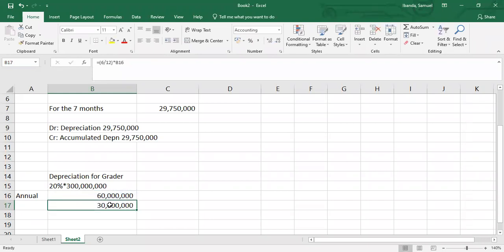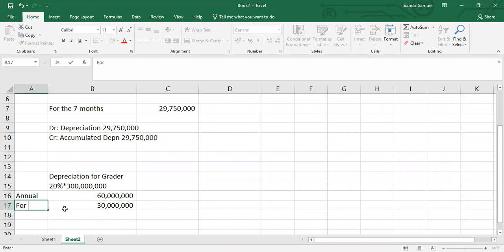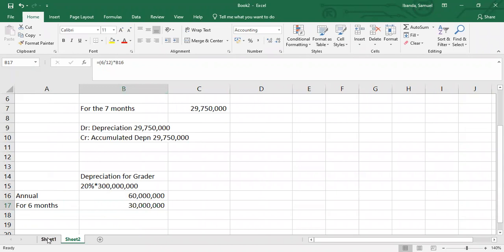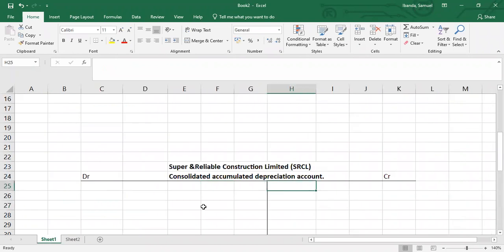So you can use that approach. This is for 6 months. So for the 6 months of 2017, I'll recognize 30 million in the accumulated depreciation account.